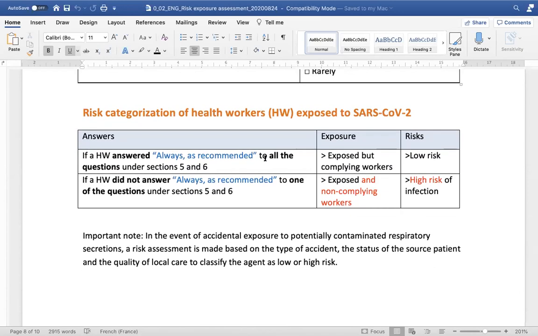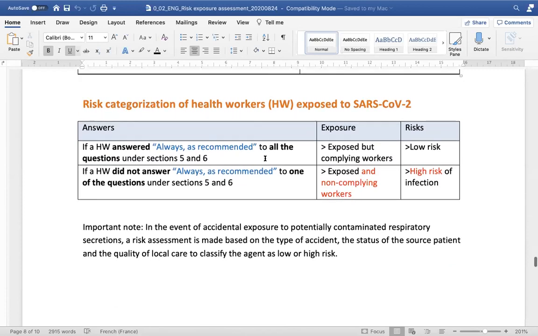If a health worker answers always as recommended, that is, they were using the right PPEs, then they are exposed, but they are compliant healthcare workers. So they are at low risk of infection. But if a health worker does not answer always as recommended to one of the questions, then they are exposed and they are non-complying healthcare workers. And so these healthcare workers are at high risk of getting COVID infection.